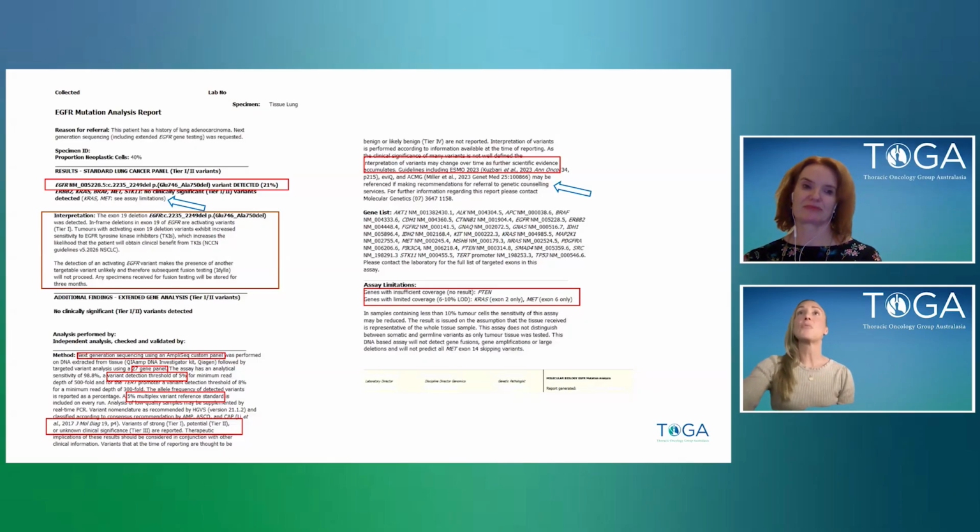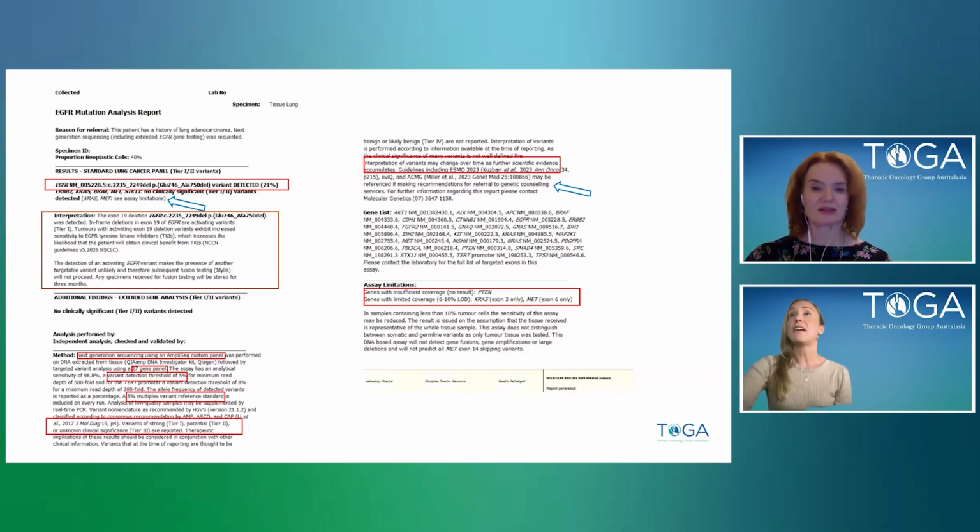Yeah, so it will depend slightly on which lab has put the report out, but if there are genes that are important in that particular tumor type, and this particular lab has put the genes that they've deemed important out of the 27 at the top here, they've put the variant that was identified, and then they've put the genes where there was no clinically significant variant found, and also the ones where there's some assay limitation. So at the top here, they're saying that there's some assay limitations, whatever they are, and in this particular case, coverage in KRAS and in MET.